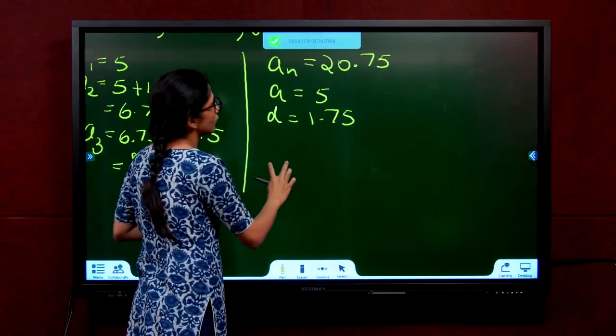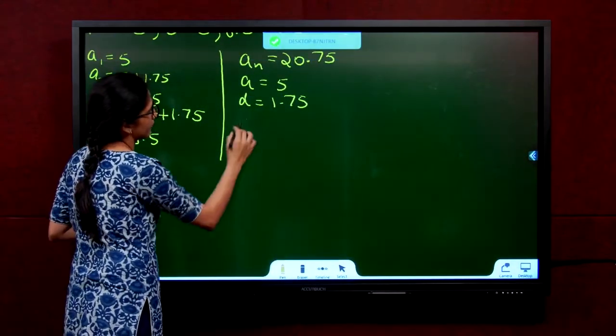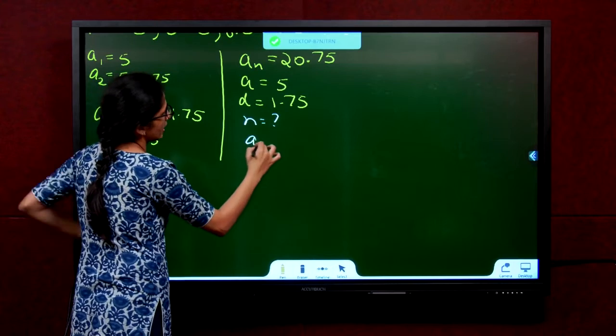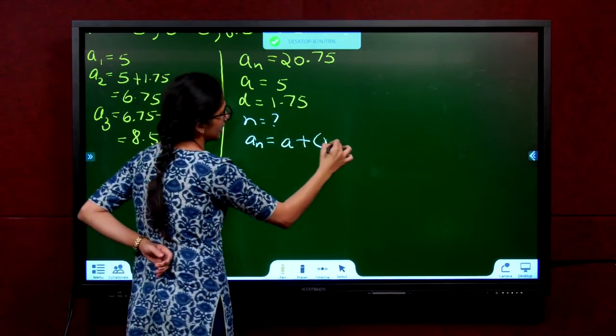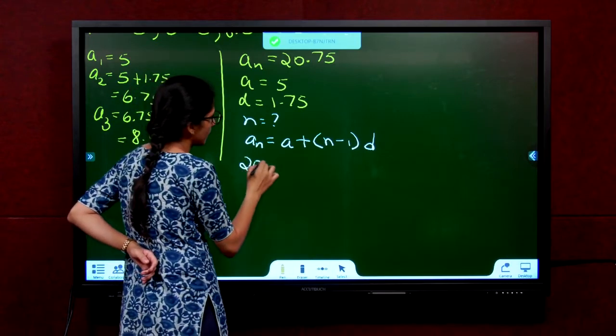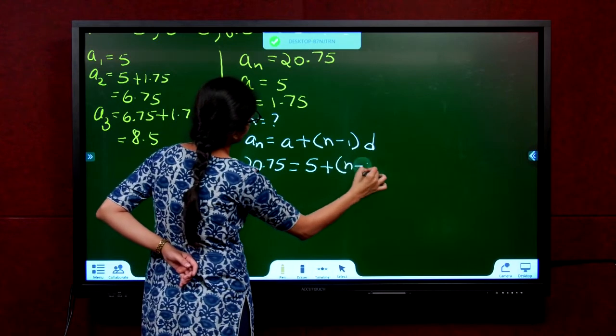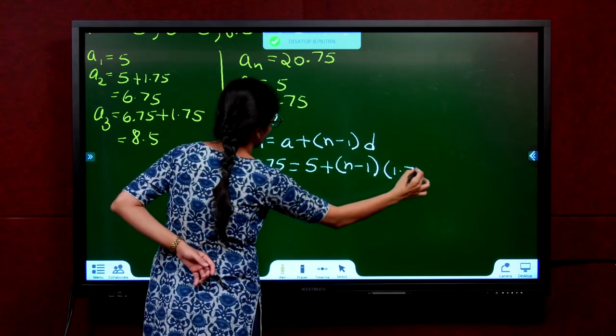So now you have to find out what is the value of N. So AN is equal to A plus N minus 1 into D. 20.75 is equal to 5 plus N minus 1 into 1.75.